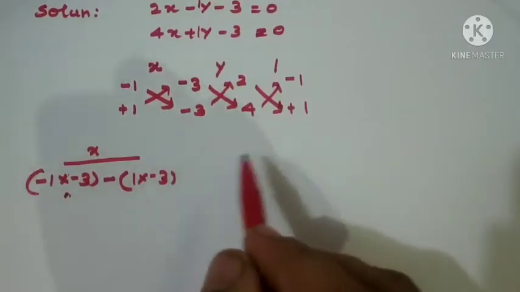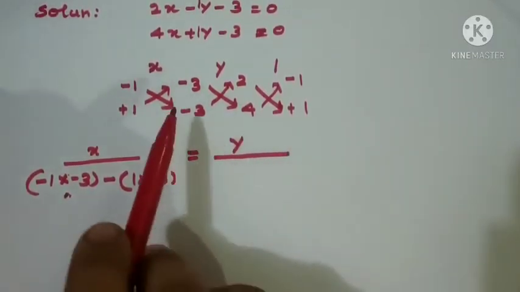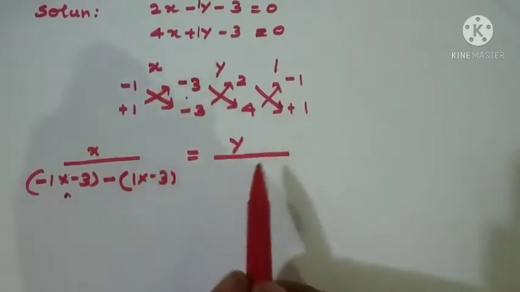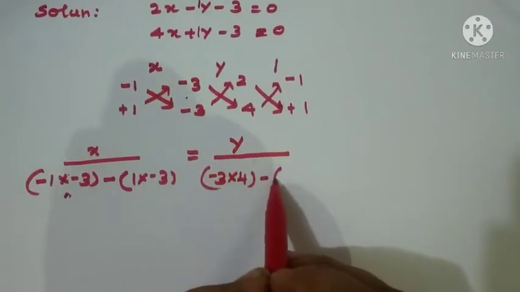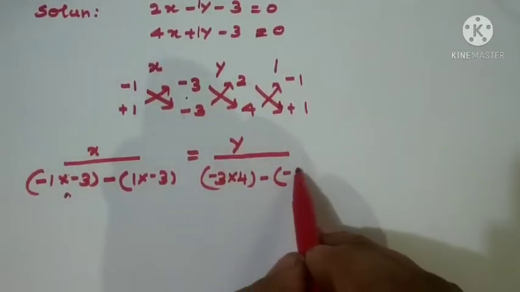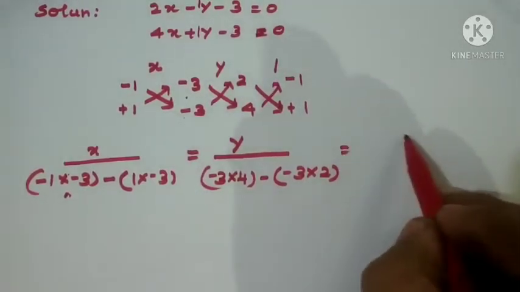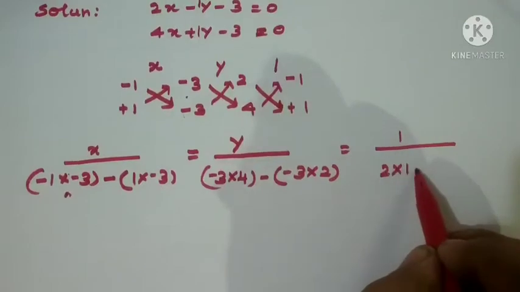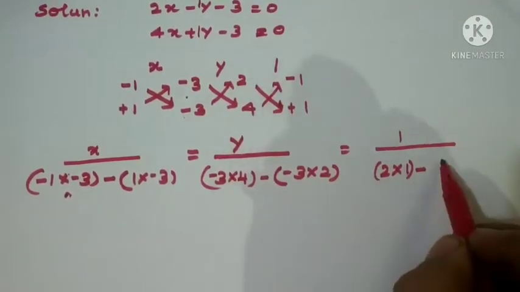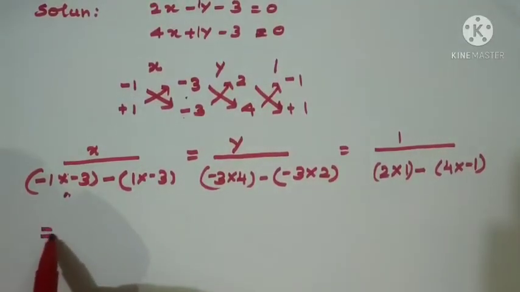After practice you can directly write the answer, there is no problem, but we are learning now, so don't skip the steps. −3 into 4, minus −3 into 2. 1 divided by 2 into 1, minus 4 into −1.